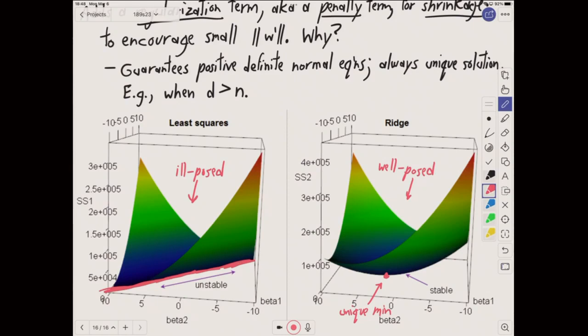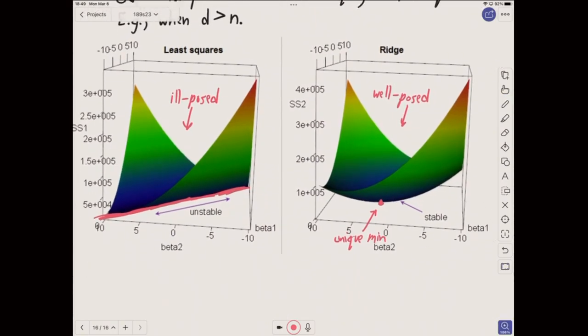And that is kind of what the term regularization originally means: taking an ill-posed problem and turning it into a well-posed problem. So this was probably the earliest motivation for doing it this way, using regularization, doing ridge regression.